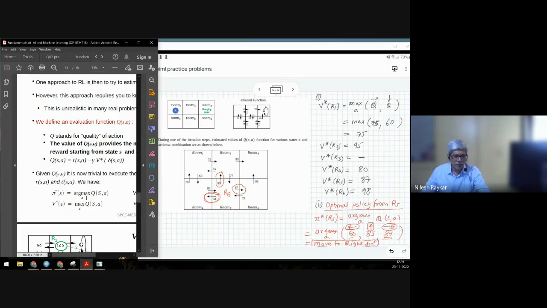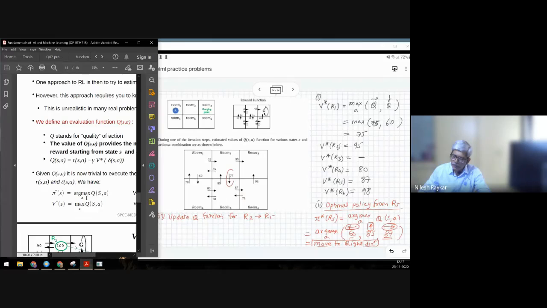Okay, now the last question. You have to update the Q function for moving from R2 to R5. So we are moving from room number 2 to room number 5.